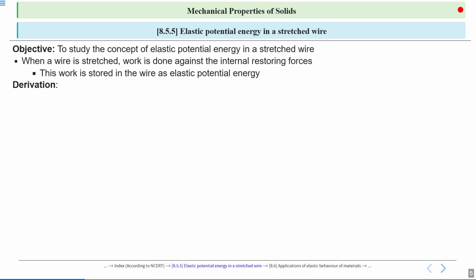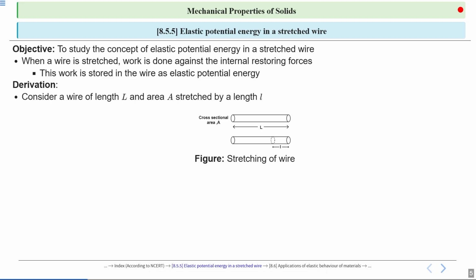So now let's move on to the derivation part. We will see how to calculate the elastic potential energy stored in a stretched wire. Consider a wire with original length L and cross-sectional area A. If we stretch it by a length small l, we can visualize this with the figure as shown here.